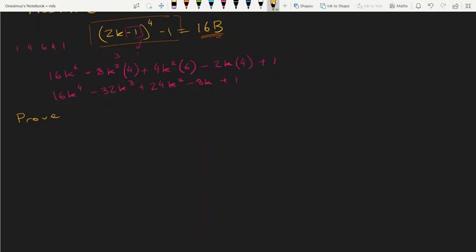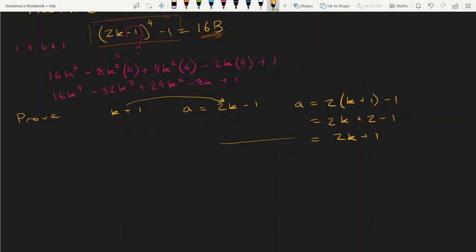Proof. And to prove it, we're going to see if we can substitute k plus 1. You know how before we had a equals 2k minus 1? We're going to jump k plus 1 back in where k was. So our new equation is going to be a equals 2 times (k plus 1) minus 1, which equals 2k plus 2 minus 1, which equals 2k plus 1.